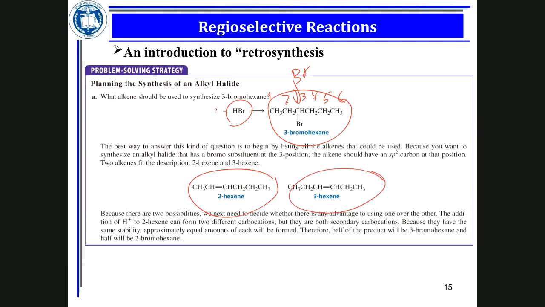So they are the same. Since these two are the same, they both give you a secondary carbocation. So you have 2 reactants that could give you the same product.